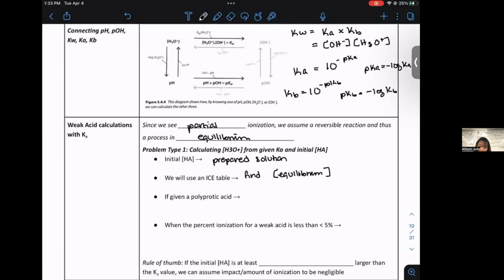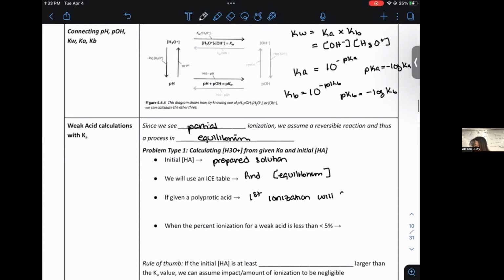And then if we're given a polyprotic, we want to make sure that we calculate based off of the first ionization, or the first deprotonation, which will characterize our math. It's a prepared solution, that means we know what it is. So if we have a polyprotic, we're going to use the Ka that goes with the first ionization, H2A, not the amphiprotic conjugate.